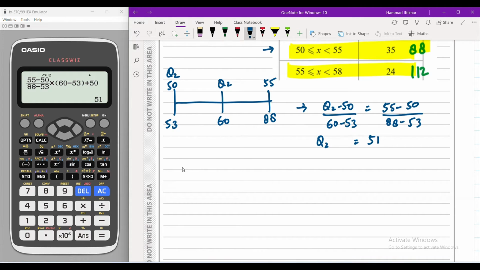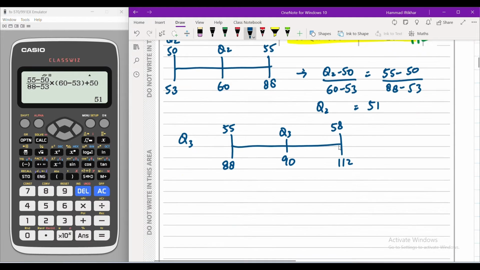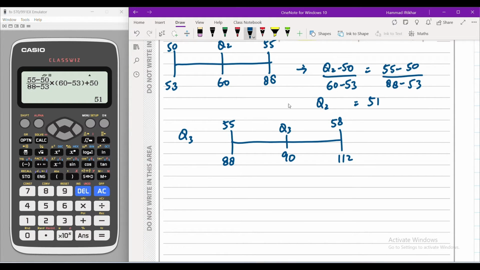Q2 is 51. Now we need Q3 for the interquartile range. We will do the same process. So 55, somewhere over here is Q3, with 58, 88, 90, 112. Now I'm going to switch up the linear interpolation formula a little bit just to show you that it means the same thing.